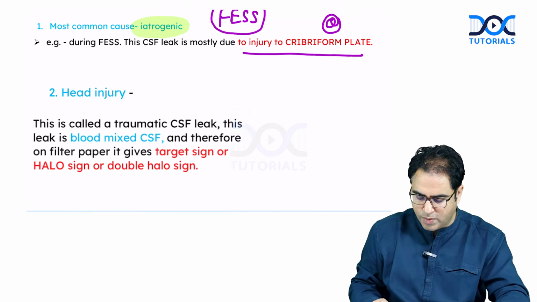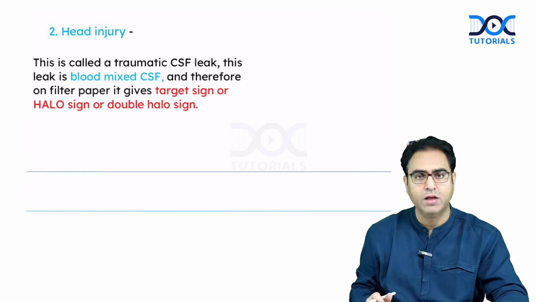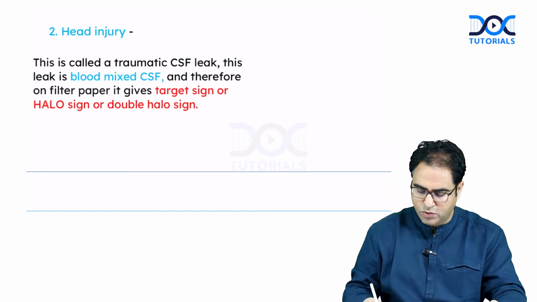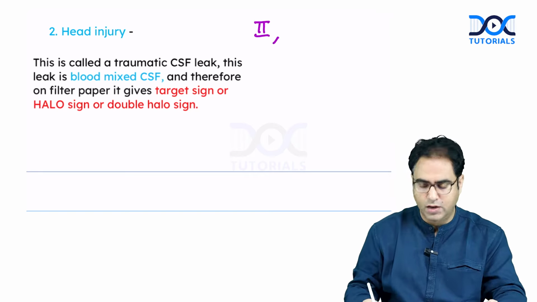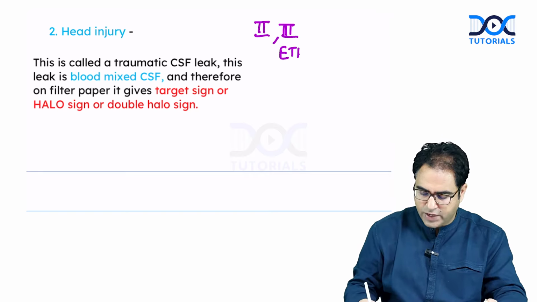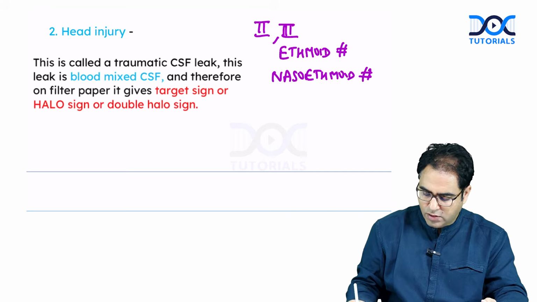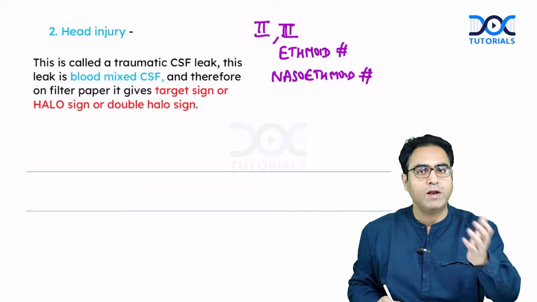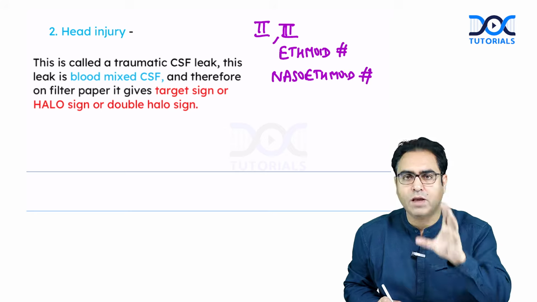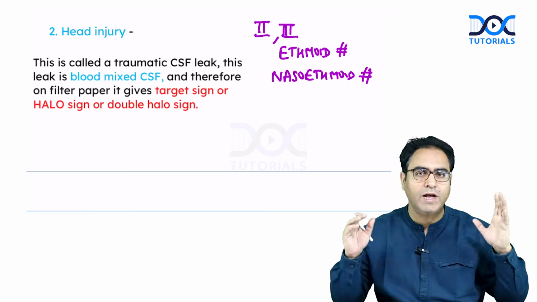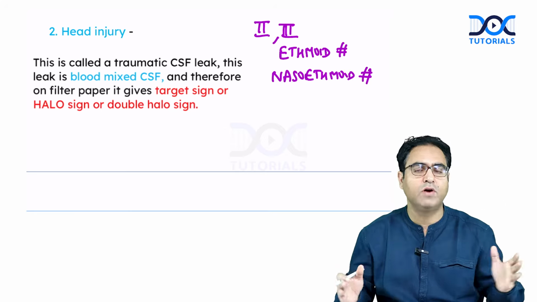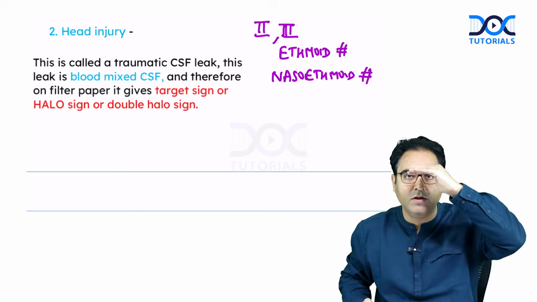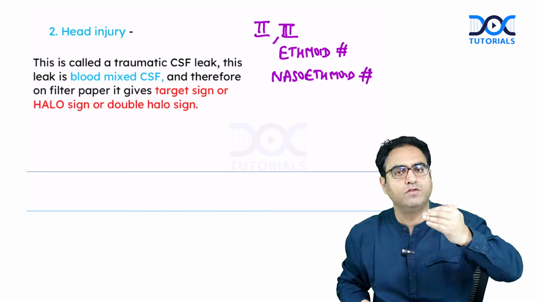Number two, second common cause nowadays is head injury. You just did that, LeFort 2 fracture, LeFort 3 fracture, ethmoid fracture, nasoethmoid fracture. They can be linked with the CSF rhinorrhea. And just keep in mind, the fracture of the ethmoid bone has got a high chance of CSF rhinorrhea. The ethmoid is roof of nose and base of the skull also.